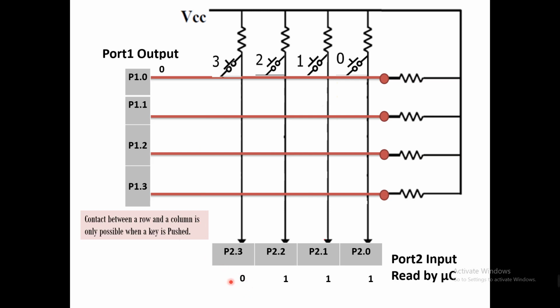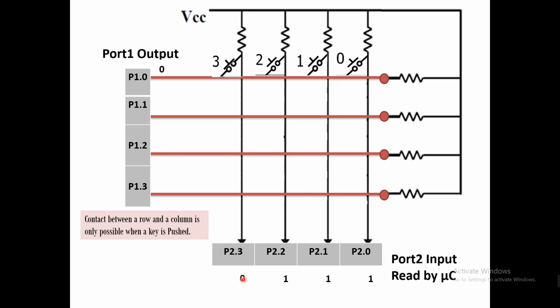So now the understanding is that if we clear P1.0, or make P1.0 0, then any of the switches 0, 1, 2, 3 that is pressed makes the corresponding column value become 0. As we see, if switch 3 is pressed, then the corresponding column P2.3 will become 0.